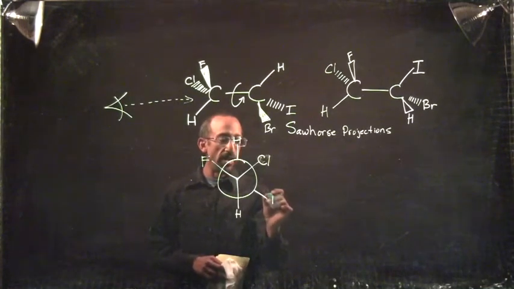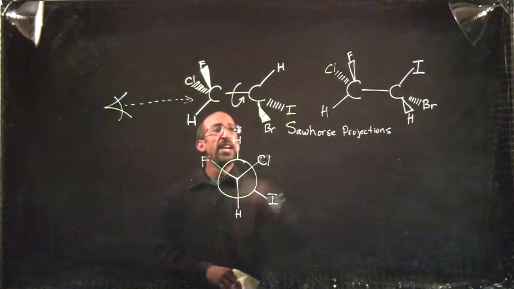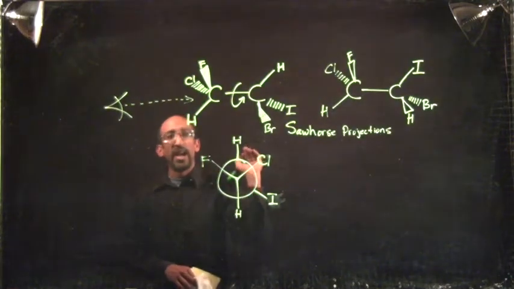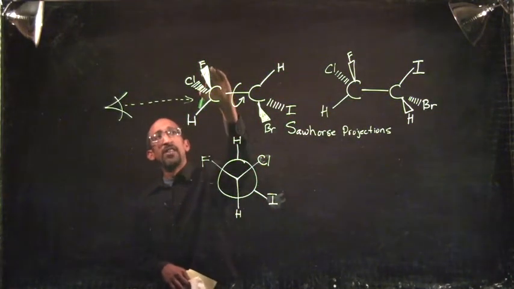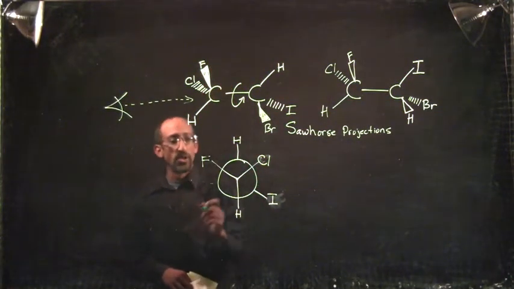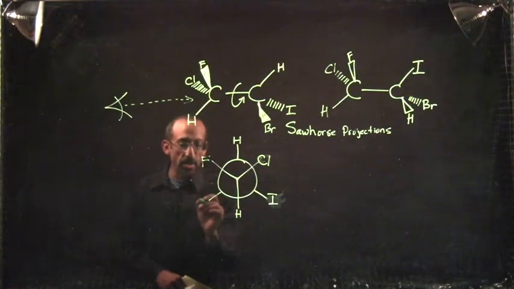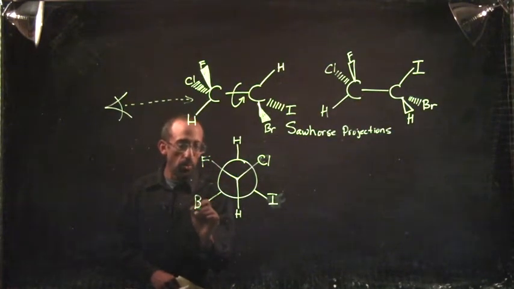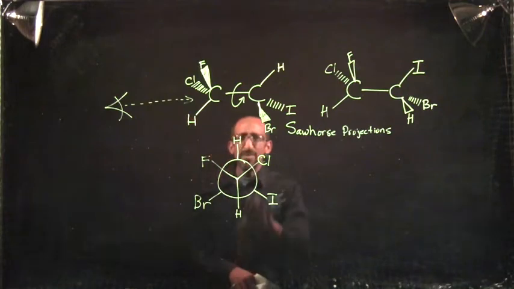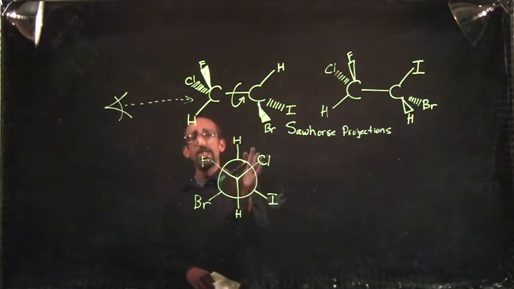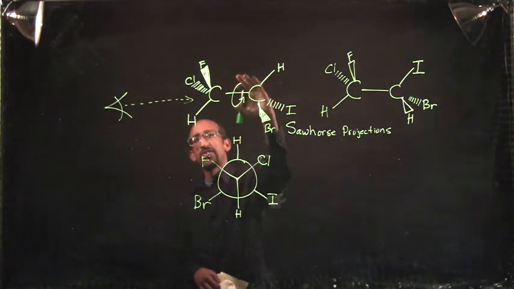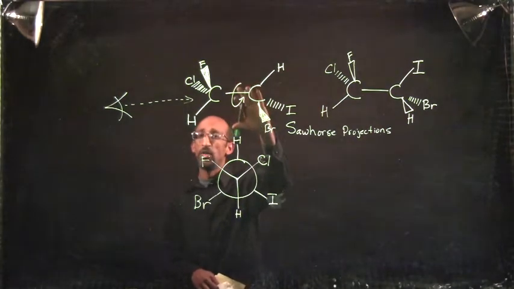So there would be our iodine. And then finally the bromine is going out of the board towards you on the same side of the molecule as the fluorine atom. And so there would be our bromine. This is the Newman projection for this conformation of this molecule.